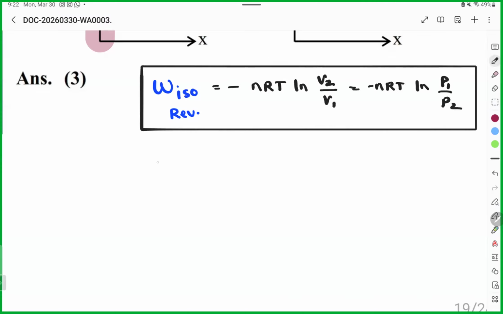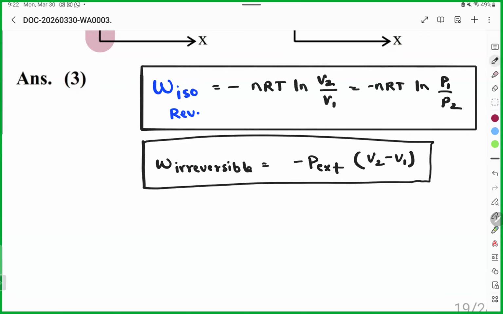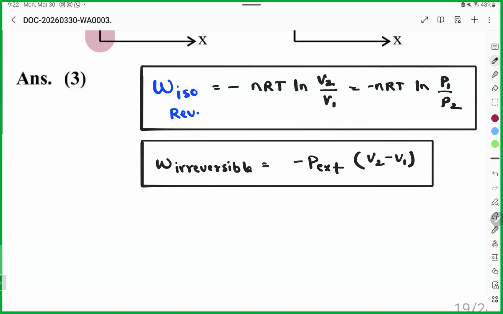Second, work done for the same isothermal process but irreversible, minus P external, correct.